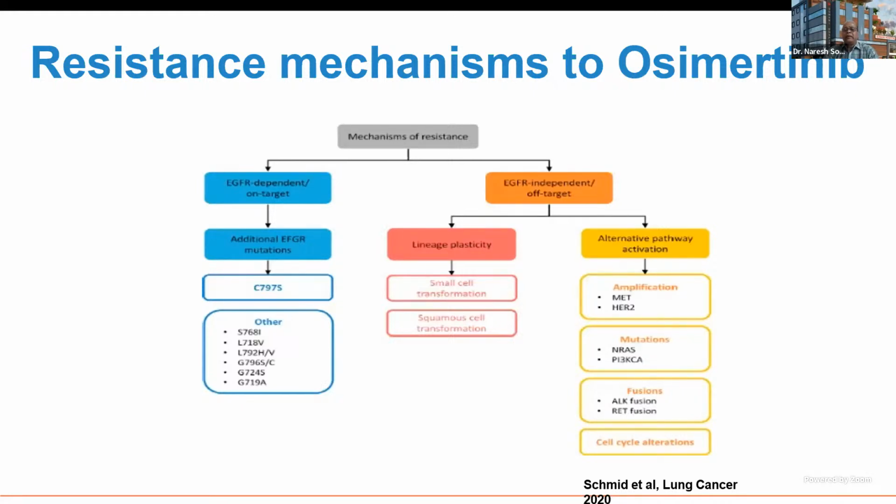The various mechanisms of resistance to osimertinib which have been postulated depend on kinase domain mutations of EGFR, or independent mechanisms of resistance, including lineage plasticity, that is a change in the histopathology like small cell or mesenchymal or non-adenocarcinoma type of picture.